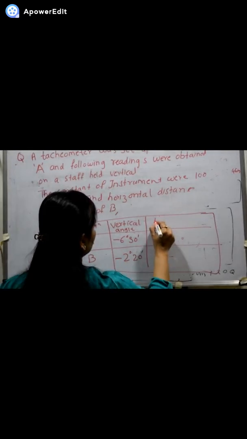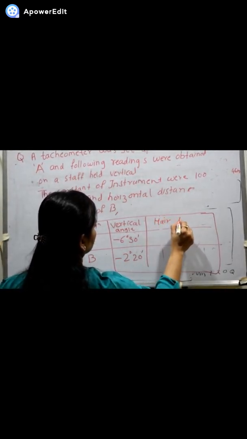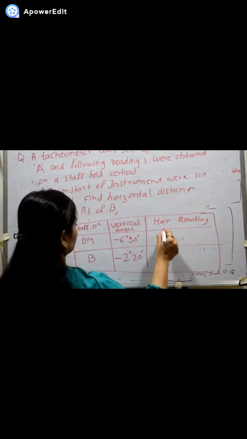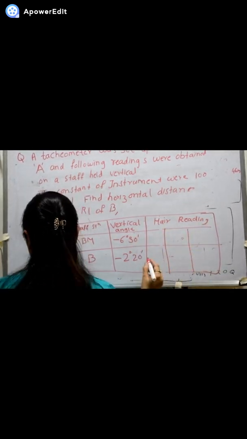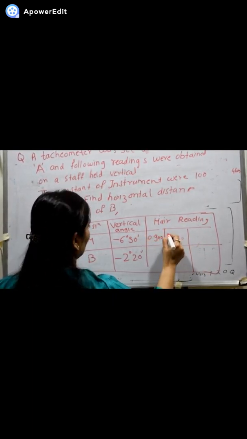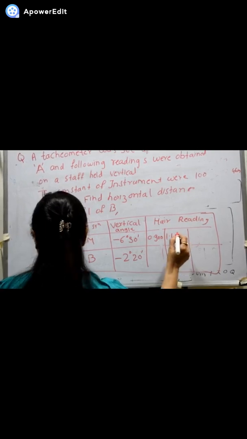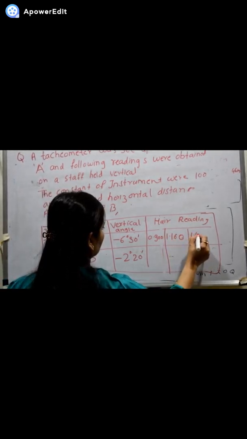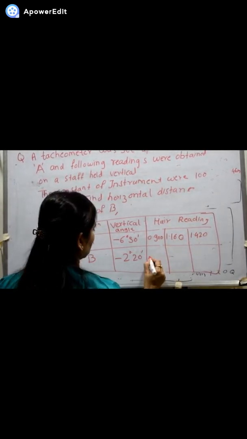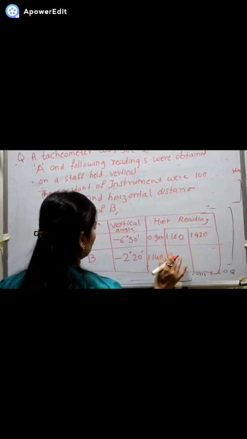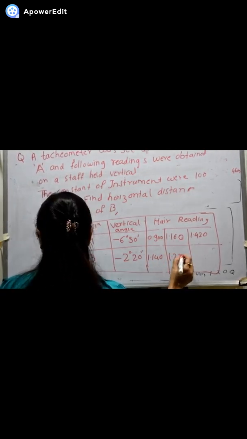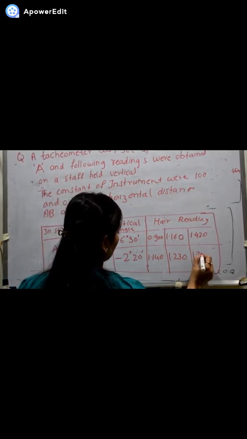Then here the readings: 0.900, 1.160, 1.420, this is 1.140, this is 1.230, the next is 1.320.